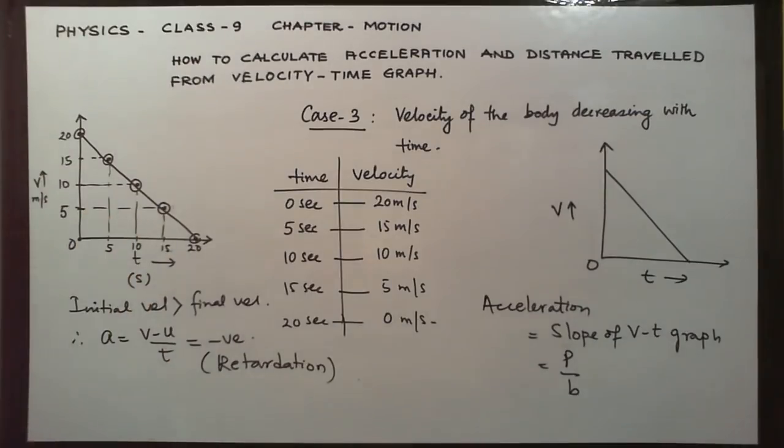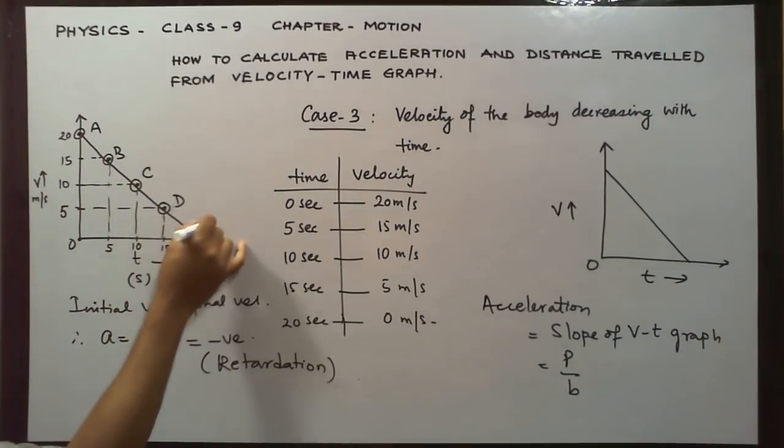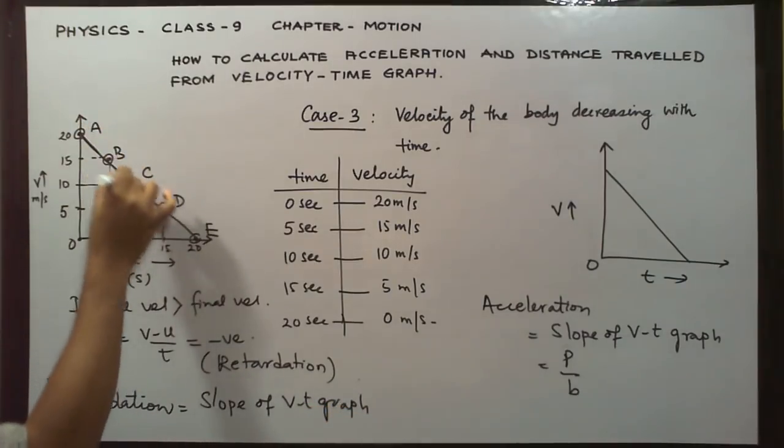So here also let us mark this as A, this is B, this is C, this is D, and this is E. Now if I want to find out retardation here, retardation would be equal to perpendicular by base. When I am using retardation, I need not put any positive or negative sign, but if I am using acceleration, I need to put a positive or negative sign. Now retardation is equal to slope of the v-t graph. Now already we are having a triangle here.